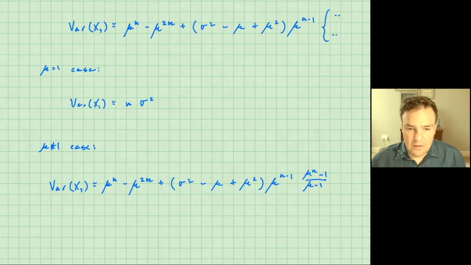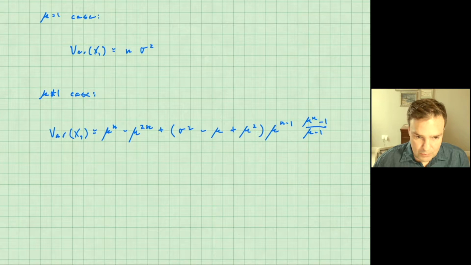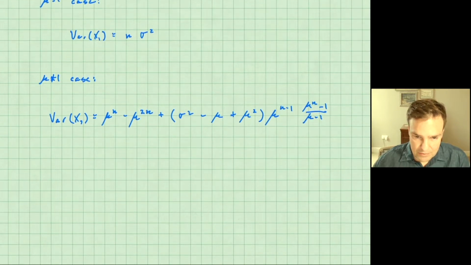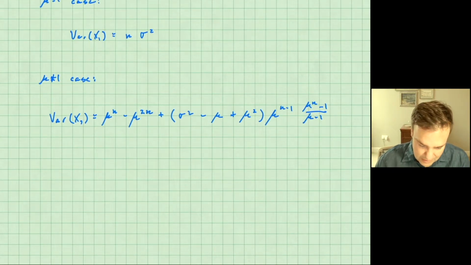Okay, and let's see, so what do we want to do with this first? So I guess we'll distribute the mu to the n minus 1, and in the parentheses there, we'll just look at what we get. So we're going to get sigma squared multiplying some stuff. So what is sigma squared multiplying?